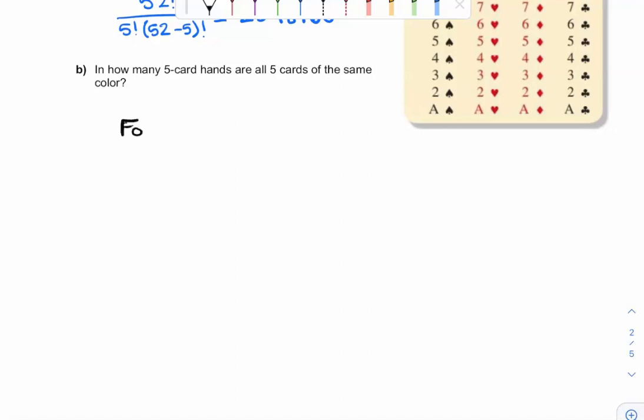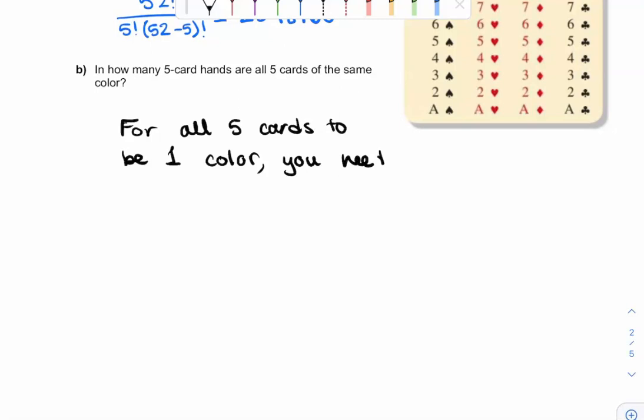So for all 5 cards to be one color, you need to choose one of two colors. Let's write that first as a choose equation. That would be 2 choose 1. You have 2 color choices, and you're going to choose one of those.